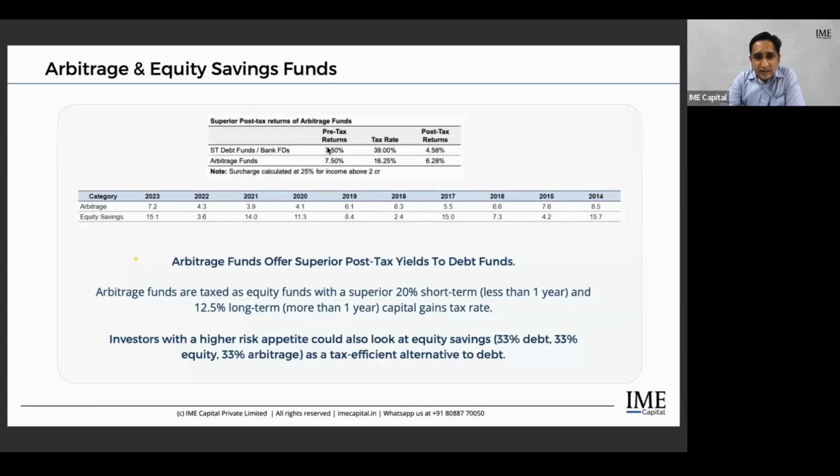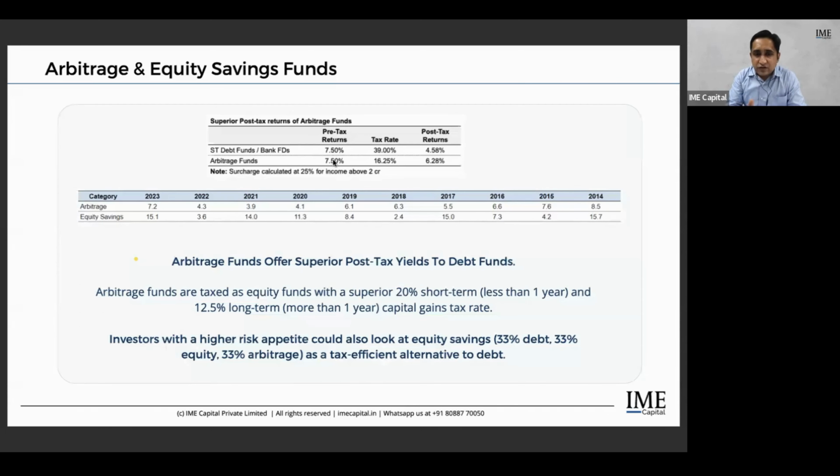So if you're looking at a similar return, 7.5% on a short-term debt fund versus an arbitrage fund, your debt funds may be taxed 39%, while your arbitrage funds are really being taxed at 12.5% plus surcharge, etc. And we've taken the highest tax slab here. If you're looking at the difference, 4.5% versus 6.3% for the same pre-tax return, the difference in taxation is what makes arbitrage a lot more suitable than debt funds for investors going forward.